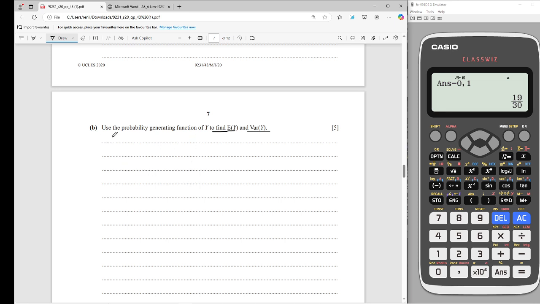To find E(Y), I'm going to write down two formulas. So E(Y) equals G_Y differentiated, when you plug in the value of t, and then you have here Var(Y), which is equal to G_Y double differentiated, plug in the value of t as 1, add that with E(Y), which is the same as G_Y', and then we minus that with E(Y) the whole squared.